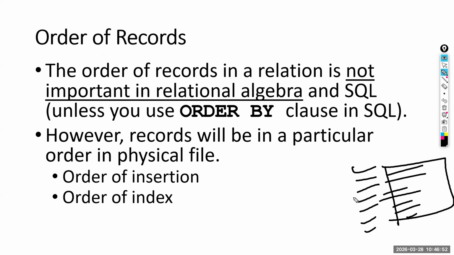But if you want to change it, you can use the ORDER BY statement in SQL. Usually your new records will go as the last record. But if you have indexes, you can change the order and save the records in a particular order. Otherwise, your last insertion will go into the last record.